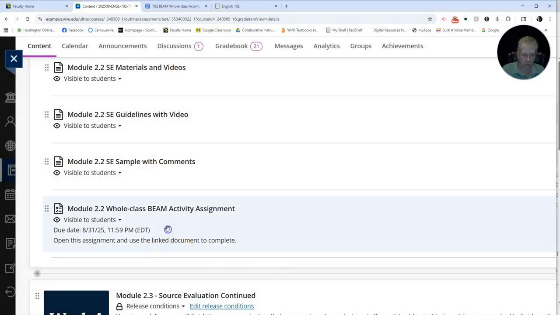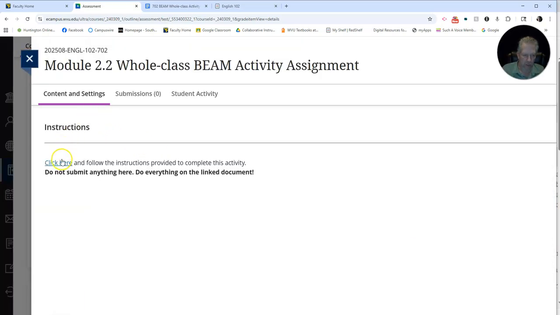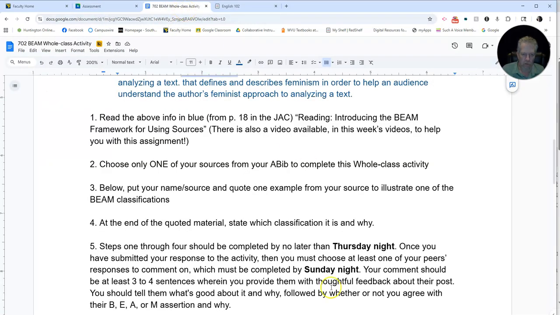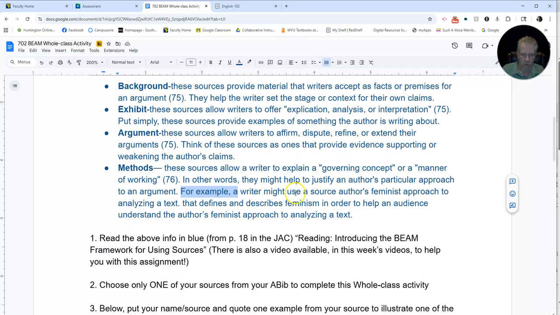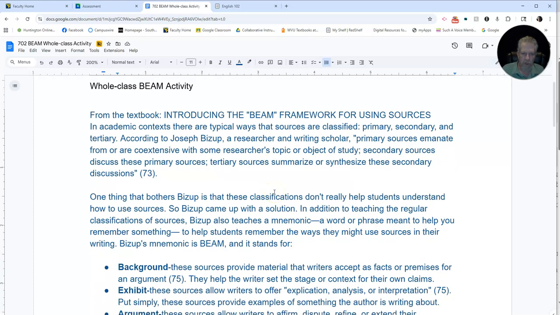When you go into this BEAM activity, you will see a link to click on. When you click on this link, it will bring up your source here. Now this source basically comes directly from the textbook.